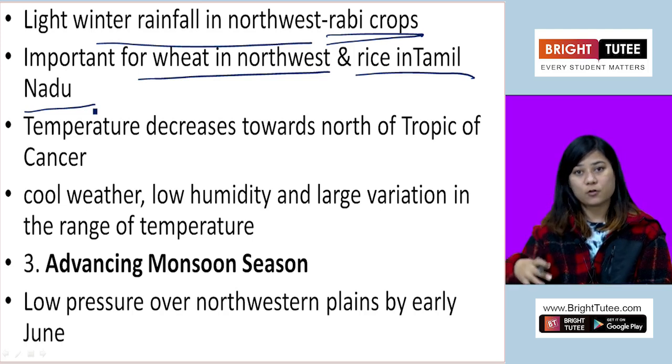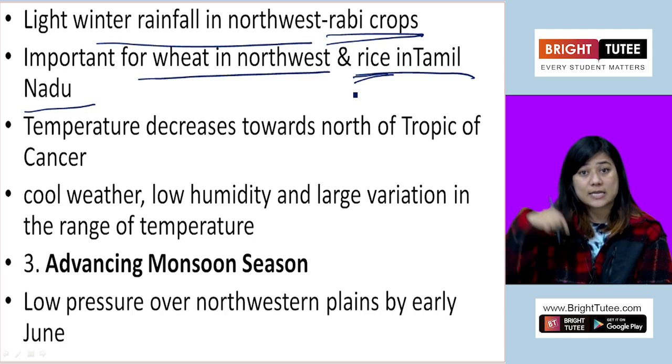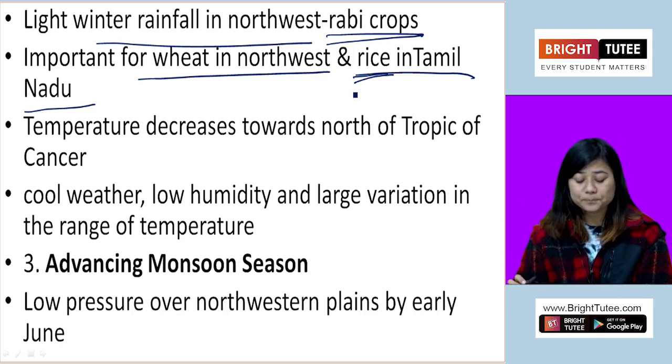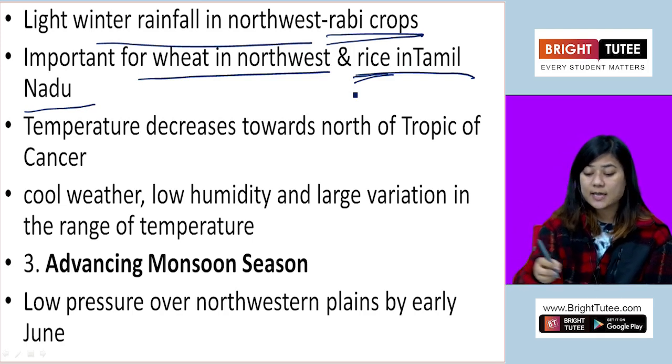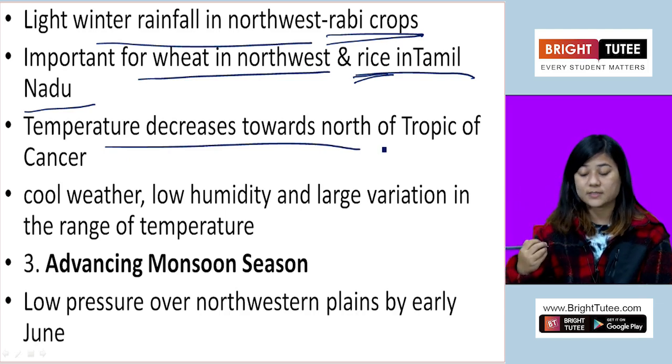That rainfall caused during the winter season is very important for the rice cultivation in that state. And during this season, temperature decreases from north of the Tropic of Cancer.